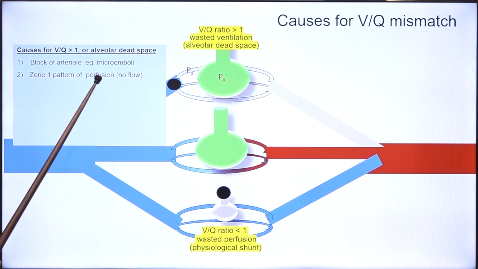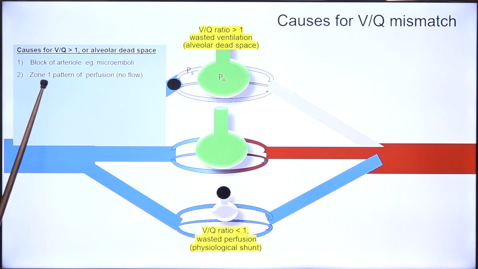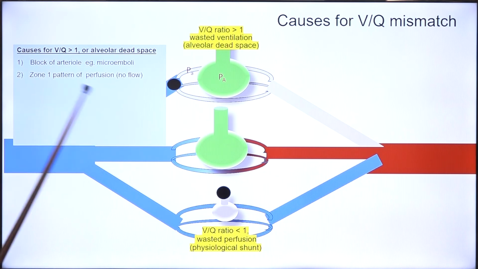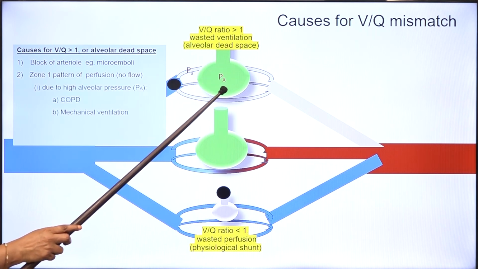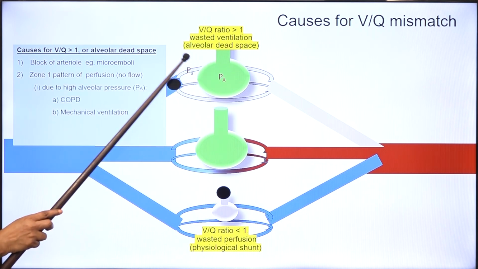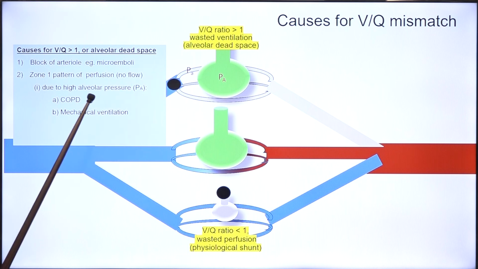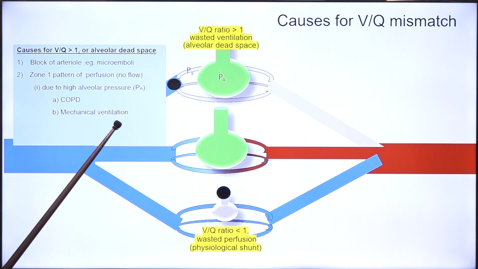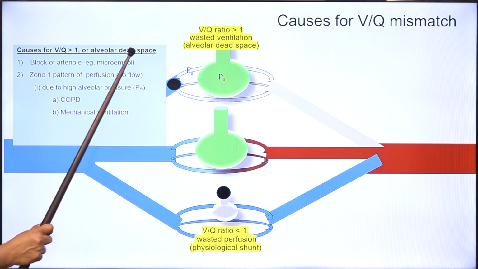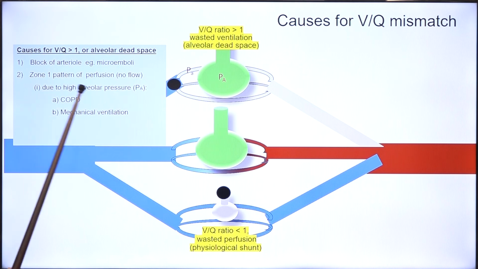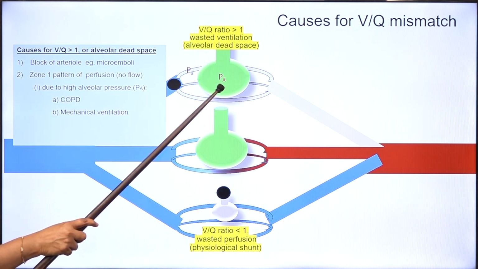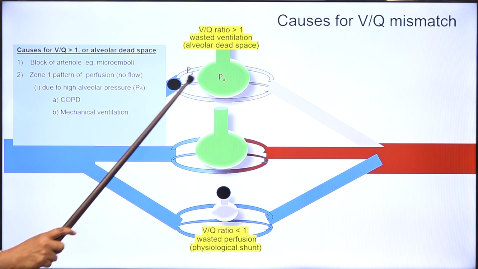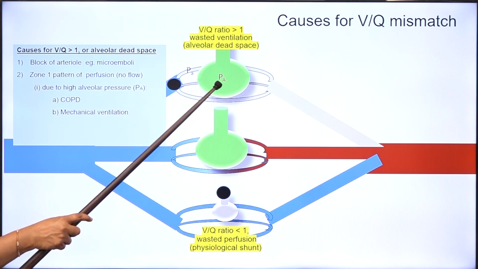We will learn about the zones or patterns of perfusion later, but if you already know about this, zone 1 pattern of perfusion where alveolar pressures are higher, or when pulmonary arterial pressures are lower, will result in alveolar dead space. Where can you have a high alveolar pressure? In chronic obstructive pulmonary diseases and in mechanical ventilation. The details we will consider later.